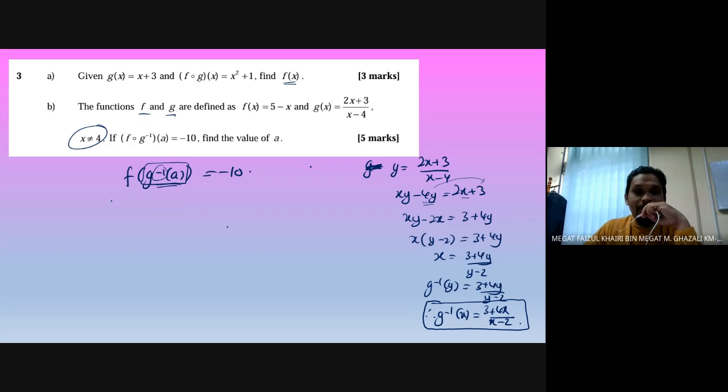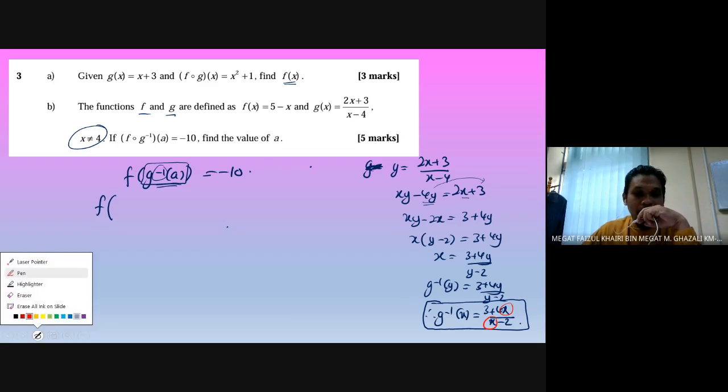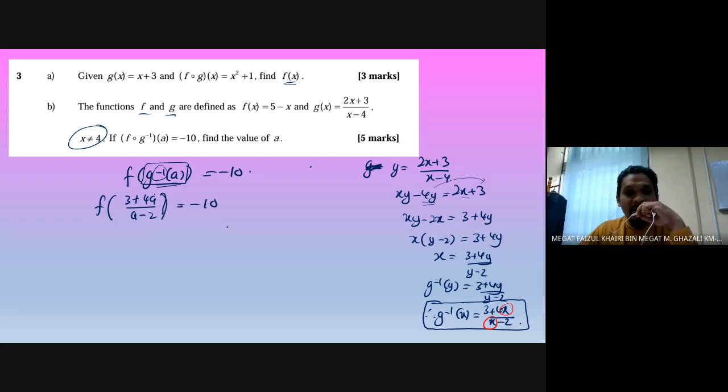Now fg inverse of a means that we substitute the x that we have here and here with a. It is (3 + 4a)/(a - 2), and we substitute the whole thing into the x of the function f.